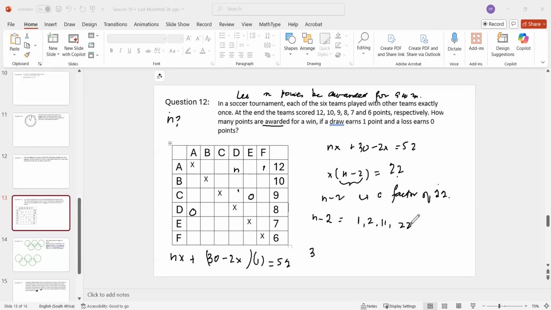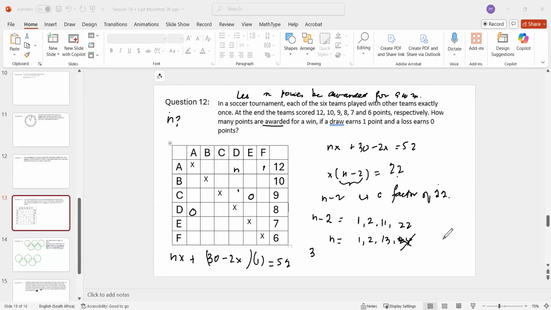Just remember that means n will be equal to 3, 4, 13 or 24. And you only got at most 15 n's, right? Because there are 15 games. So you can't have that.